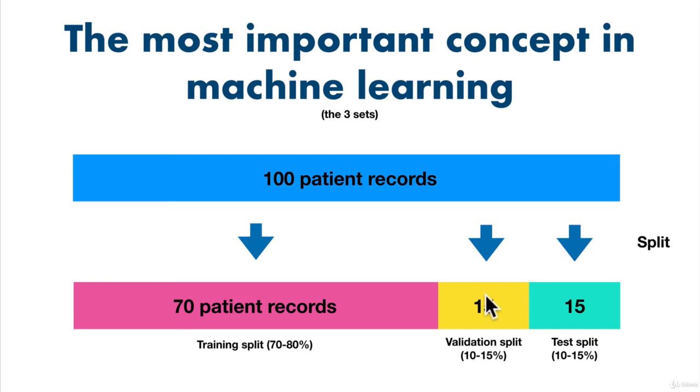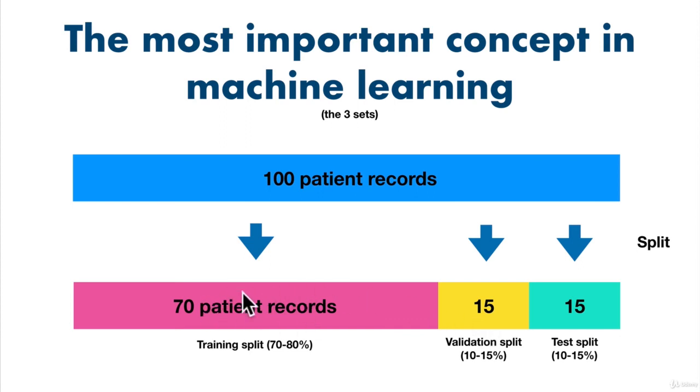Then, once you've got these splits, using a model you've chosen, you'd feed it the training data, or the information of these 70 patient records. Once your model has trained, you can check its results and see if you can improve them on the validation set. This is where you'll do model tuning.